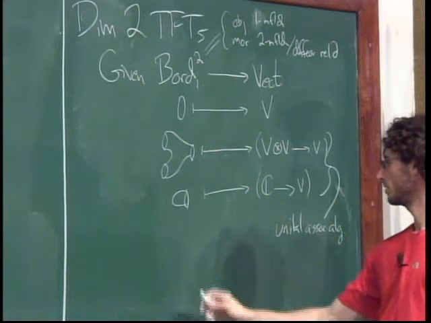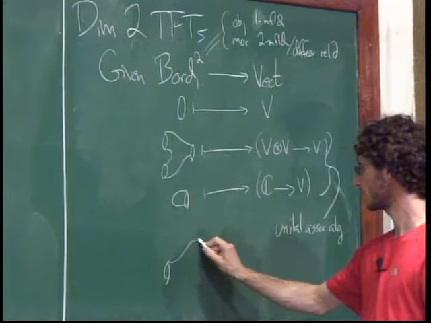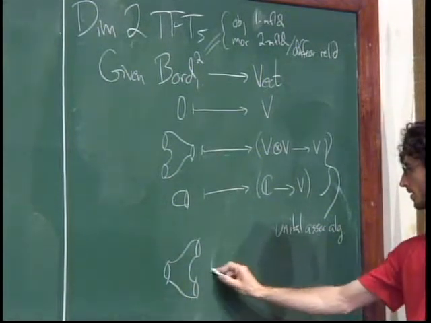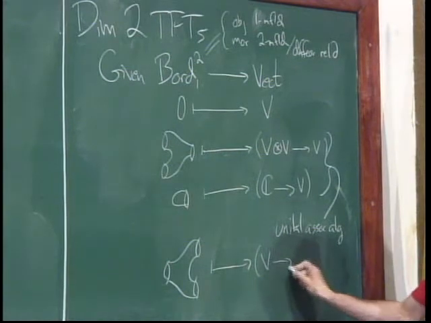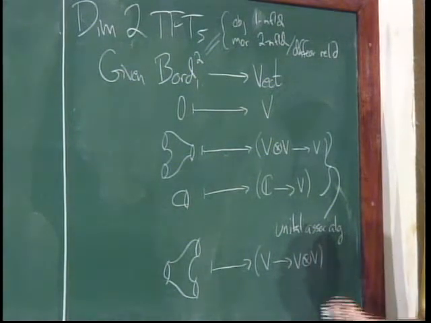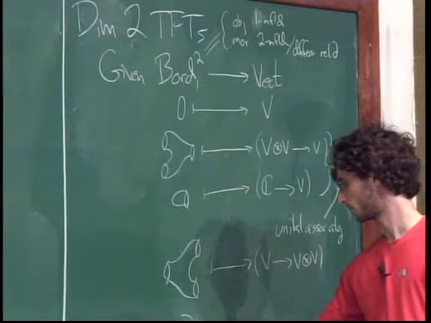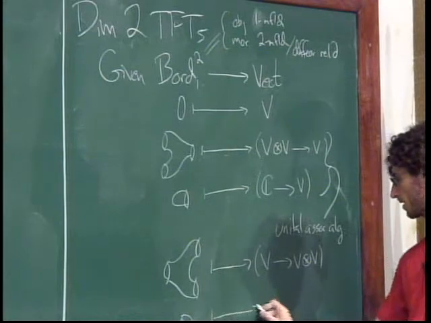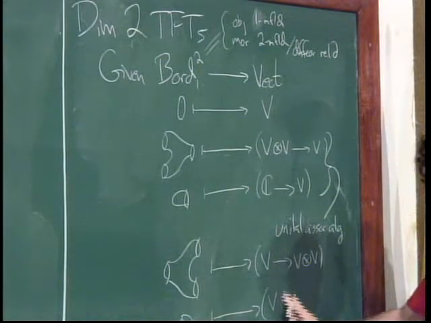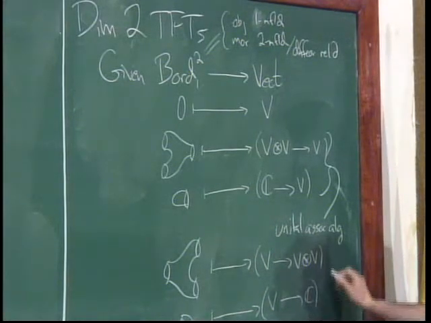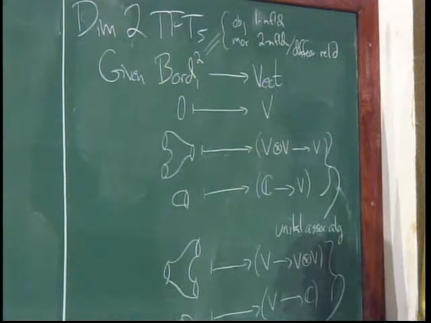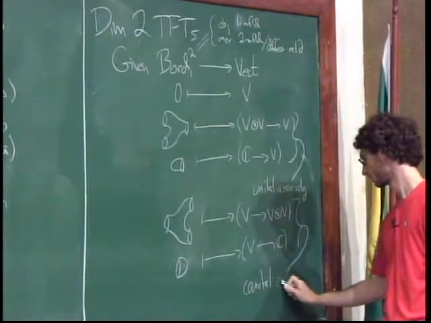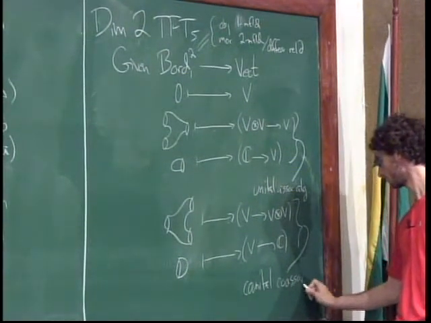So you can play the same game, of course, going the other direction. So if I have a Bordism this way, then that goes to some map from V to V tensor V. This cap, this morphism from the circle to the empty set, gives some map from V to C, and together these form the structure of a co-unital, co-associative co-algebra.